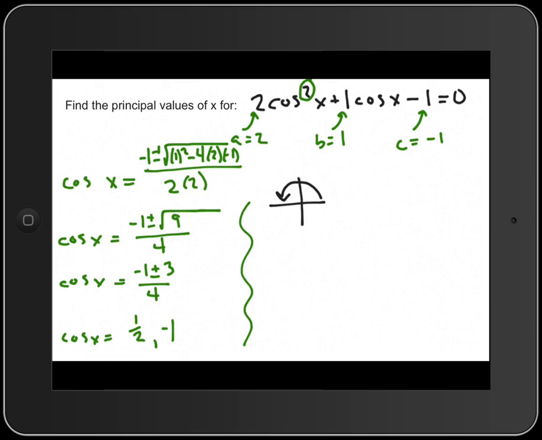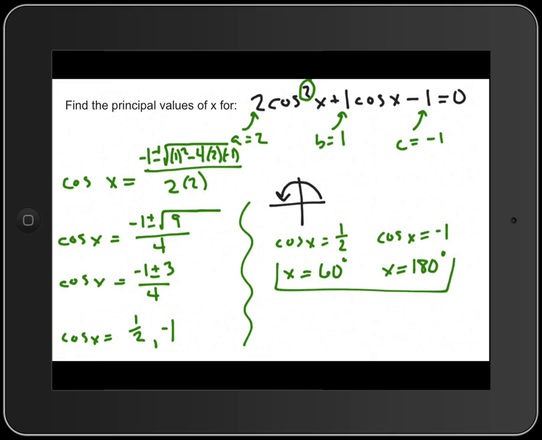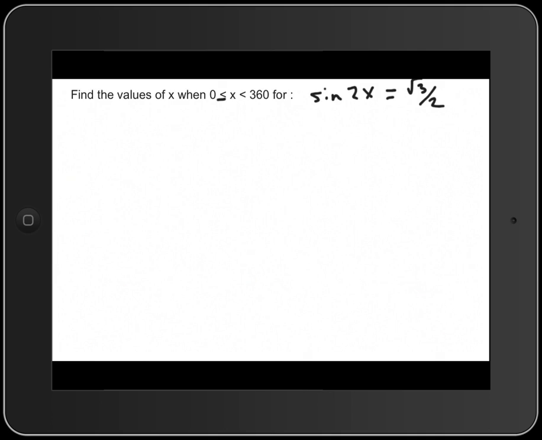So where does that equal 1/2? Well, for cosine x equals 1/2, that's going to be where x is equal to 60 degrees. And then for the cosine x equals negative 1, that's going to happen at 180 degrees. So x equals 180 degrees. Okay, so there are my two possibilities. Great. Let's keep moving on.